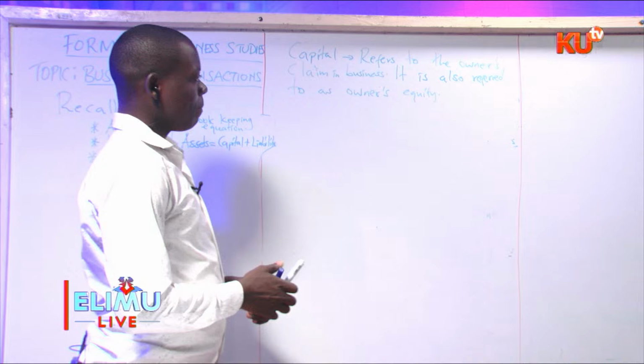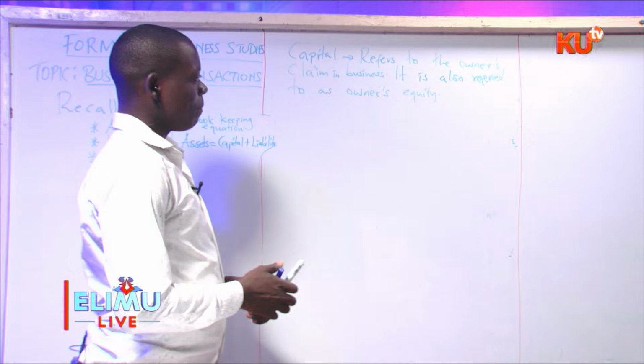So the first one is capital (1/1/2015), that is 300,000. With additional investment worth 50,000.